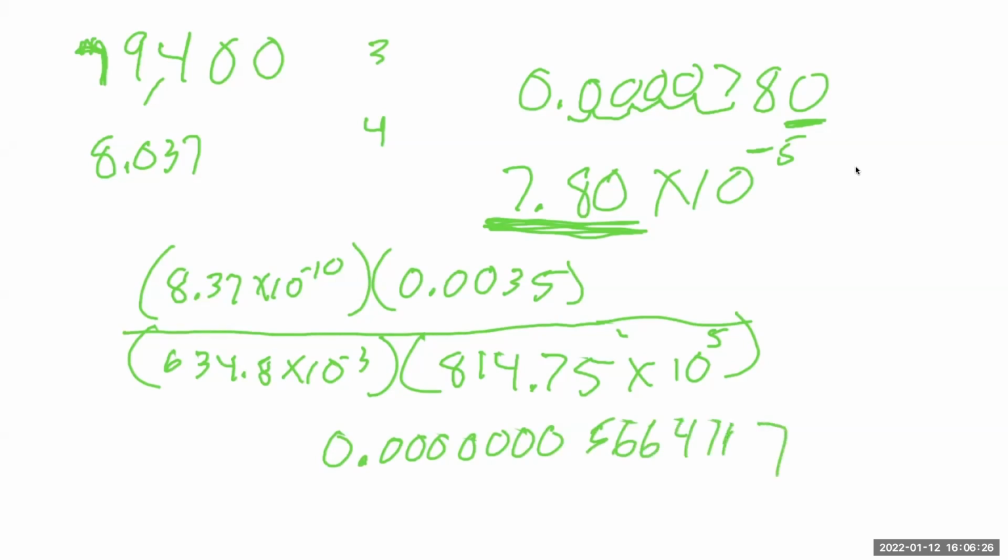I got 5.664 and we're off. Let me retry 8.37 times 0.0035, divided by 64.8, divided by 814.75.